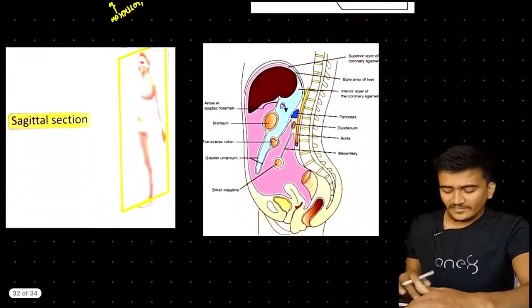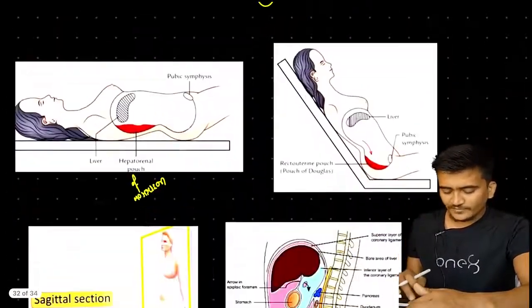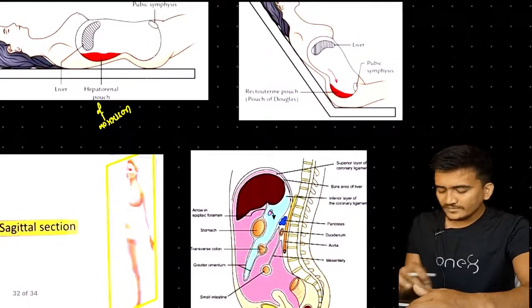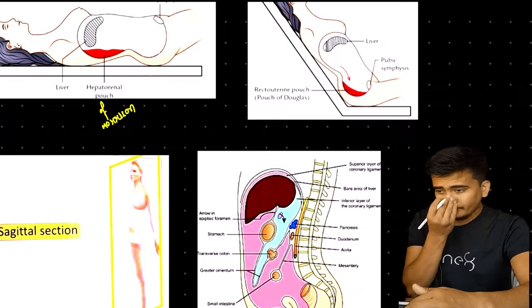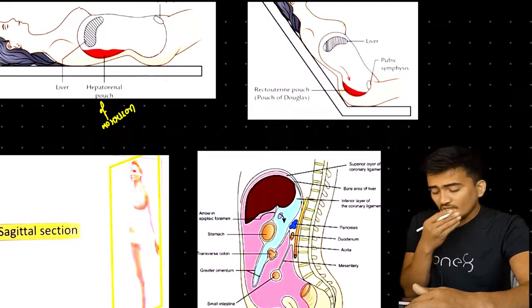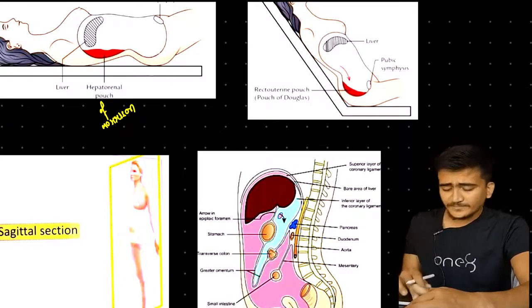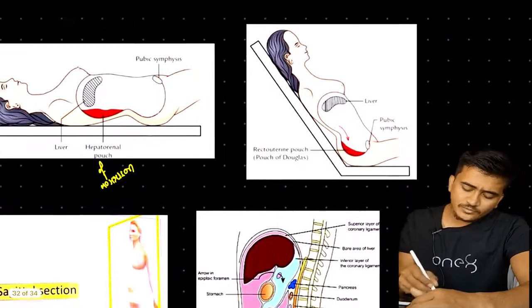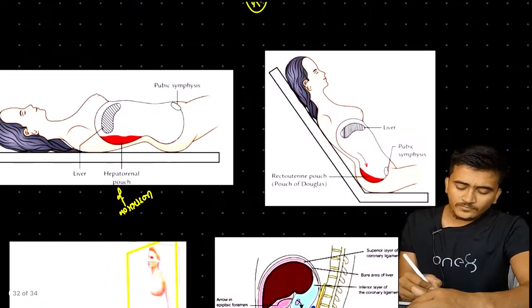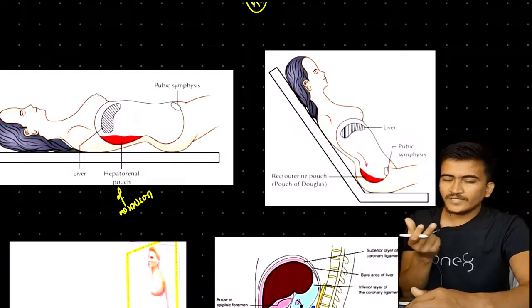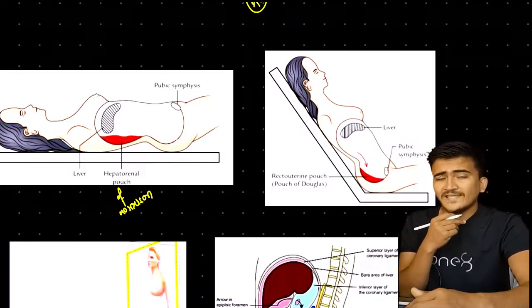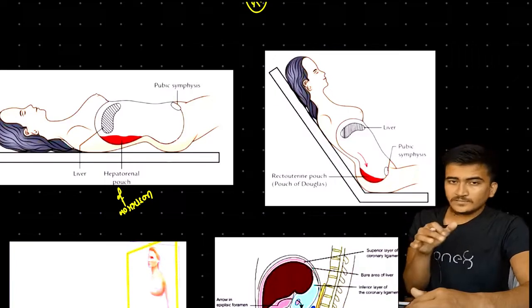But before getting into this diagram, what does the greater sac include? As we said in these two diagrams, the epiploic foramen of Winslow helped in pulling the gastric content from the lesser sac to the greater sac.